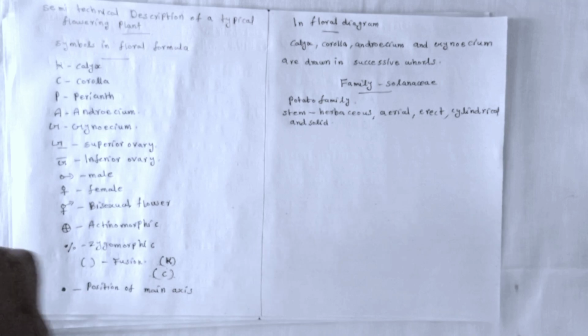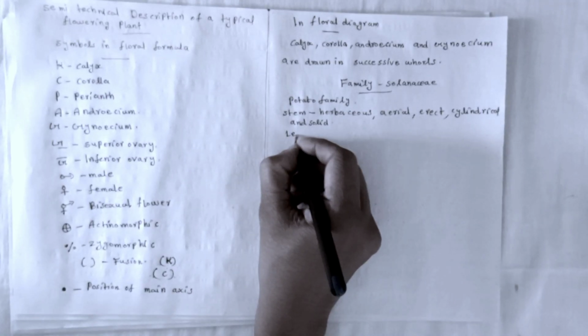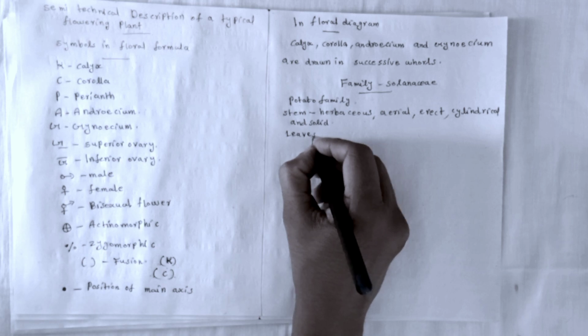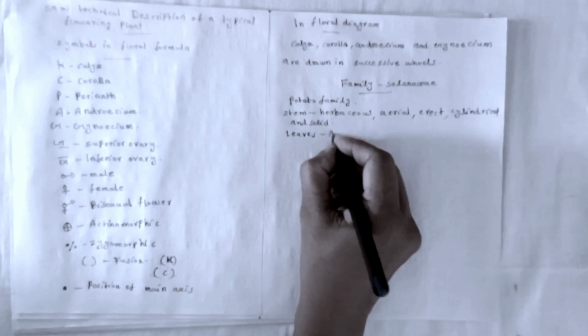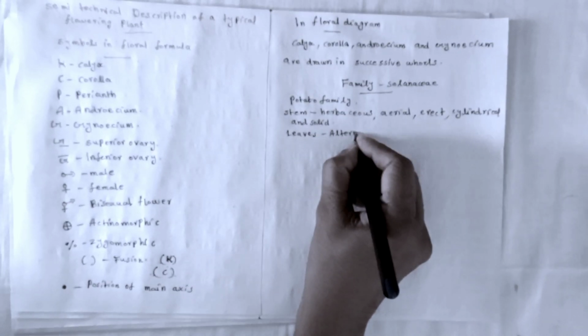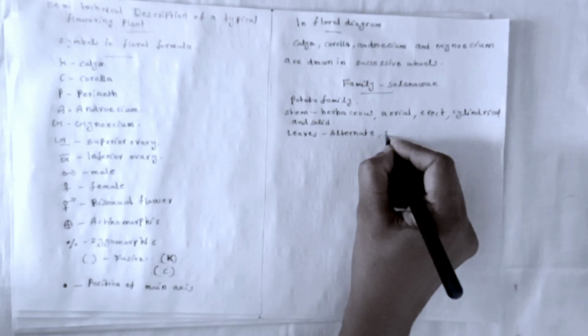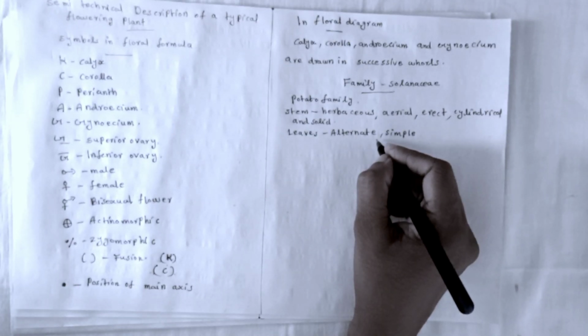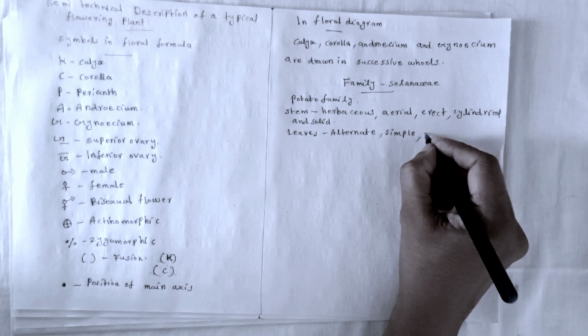Next, leaves: alternate, simple, rarely pinnately compound. The simple leaves are arranged alternately.